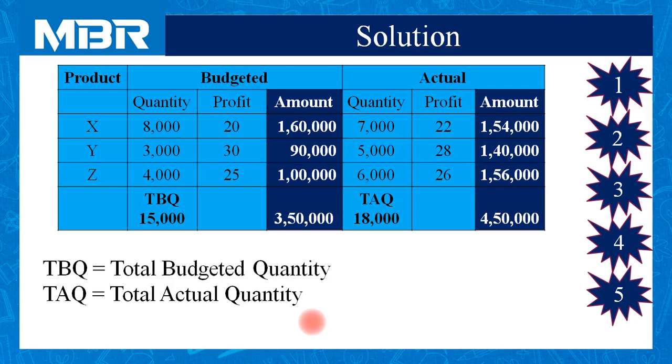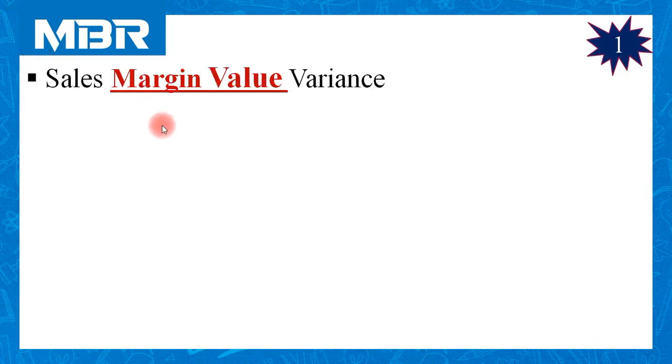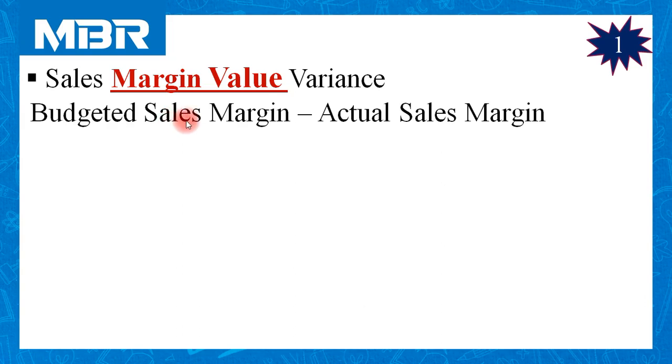There is no change in the pattern of calculation anywhere in sales margin-based variances. Let us move to the first variance. The first and foremost variance is sales margin value variance. Formula: budgeted sales margin minus actual sales margin.